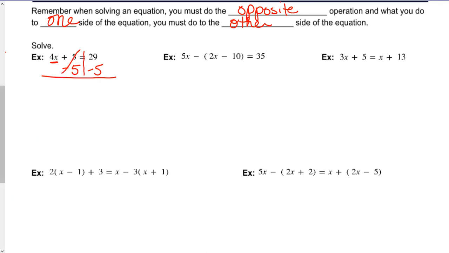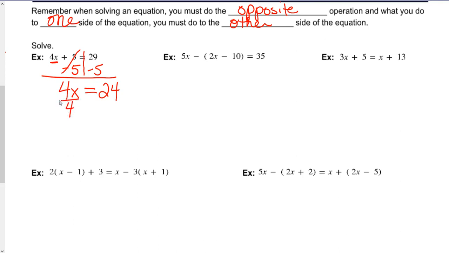Now, this 5 minus 5 goes away to 0. That's our goal, to get that x by itself, get things that cancel out. So now I'm left with 4x on the left. Bring your equals straight down, do this operation, which gives me 24. Then we have to realize that this is actually a product: 4 times x. In order to undo a multiplication, the opposite operation is to divide.